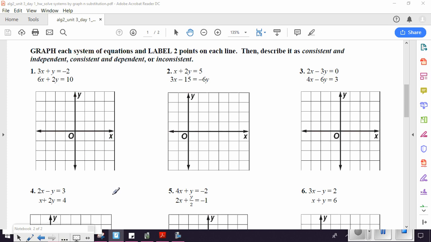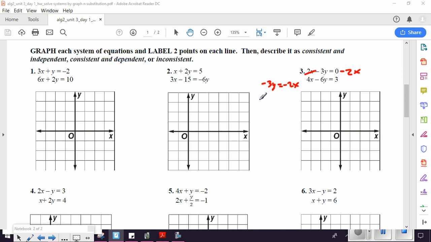So number 3, we got to put it in slope-intercept form first by taking equation 1 and subtracting 2x. So you're left with a negative 3y equals a negative 2x because it was just 0 initially.